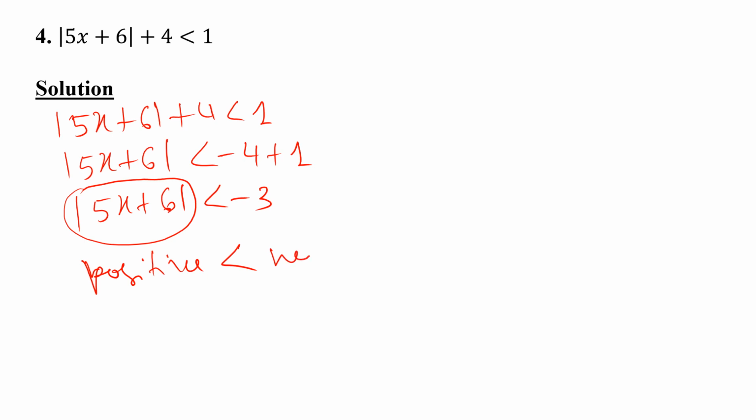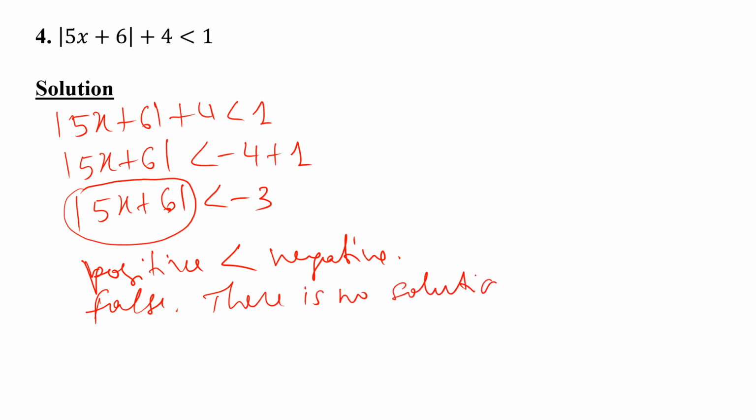Negative 3 is negative. Then we ask ourselves a question: is a positive value less than a negative value? The statement is not true, it is false. For this reason, this inequality has no solution. So S is equal to the empty set.